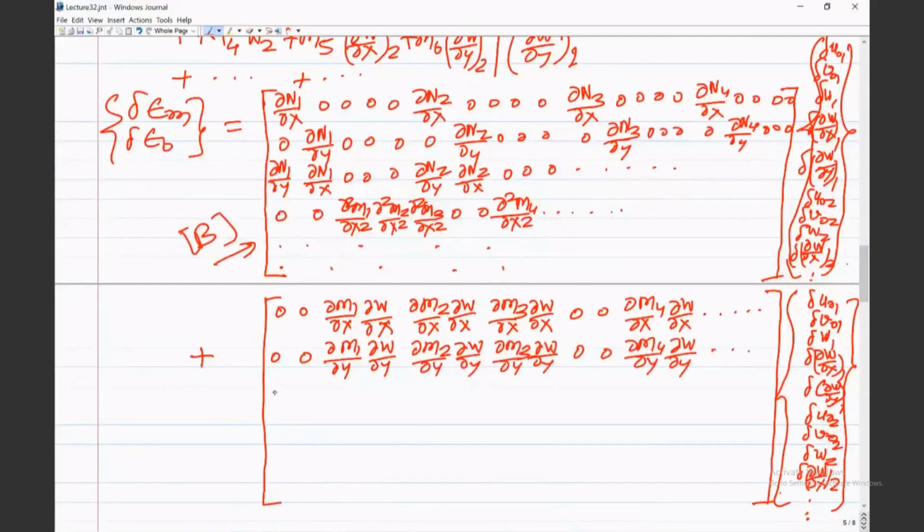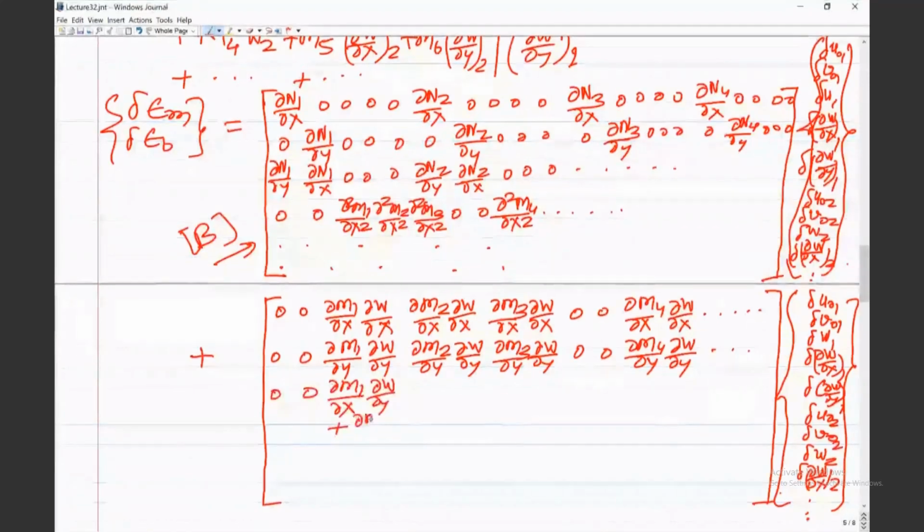And the last, the third row, the terms are going to be del m1 by del x into del w by del y, plus we will have del m1 by del y into del w by del x. Both are m1. The first term is m1, and then you can write the other terms.